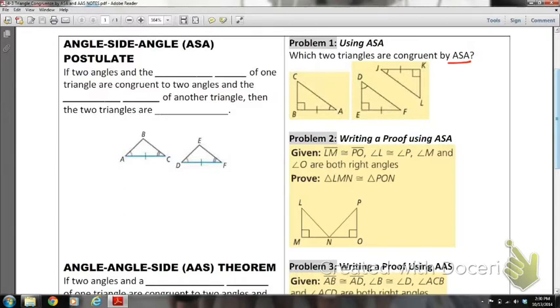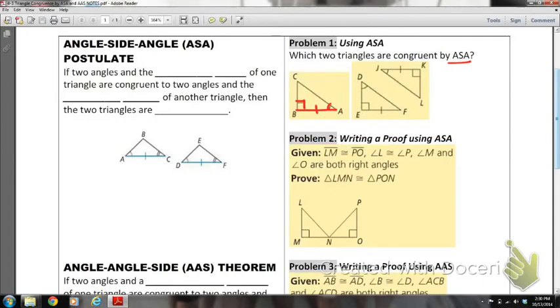In the first triangle on the left, we have angle B, angle A, and a side in between. That matches the criteria for angle-side-angle, but we have to look for another triangle that has those corresponding markings.